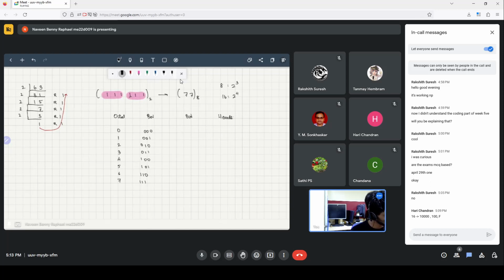The digits in hexadecimal are 0 1 2 3 4 5 6 7 8 9. I'll just write this in.